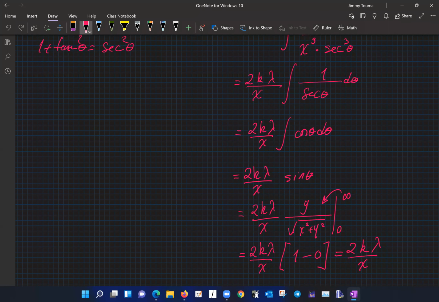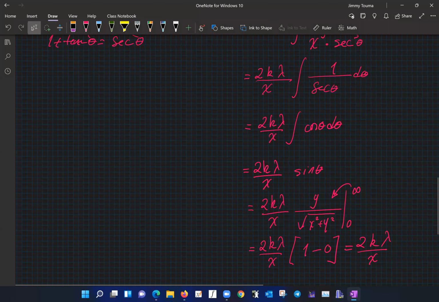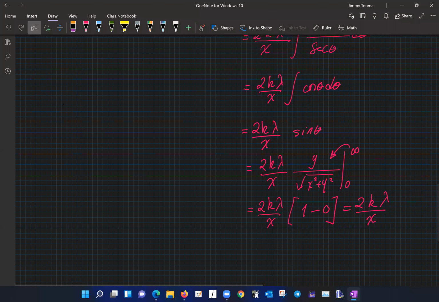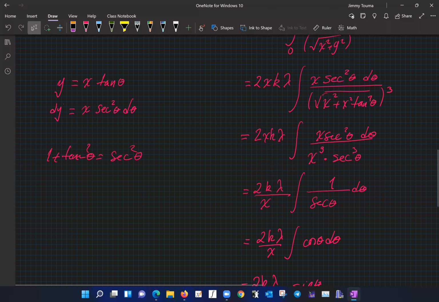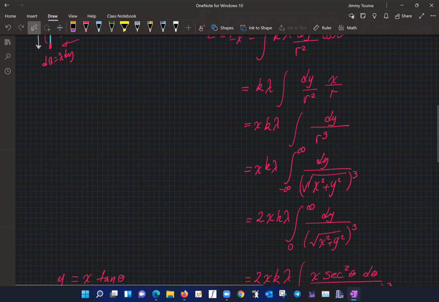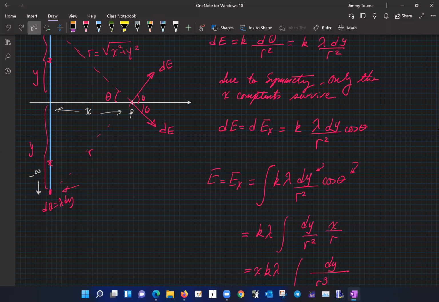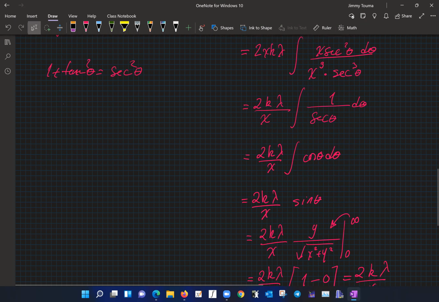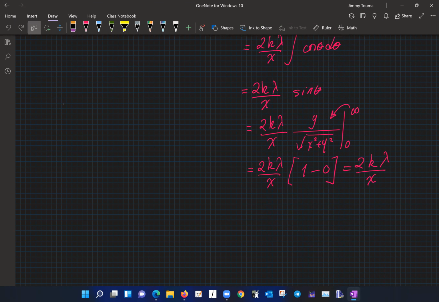And that is the answer. 2k lambda over x.